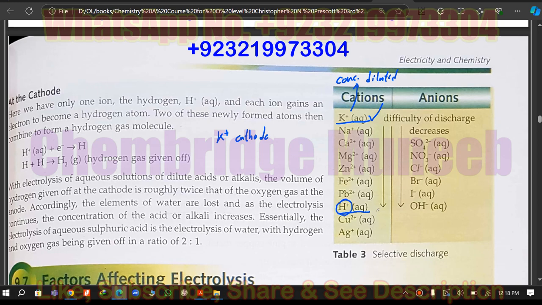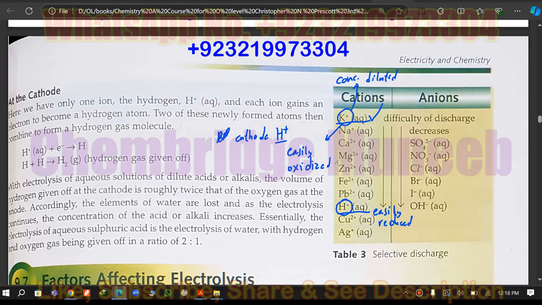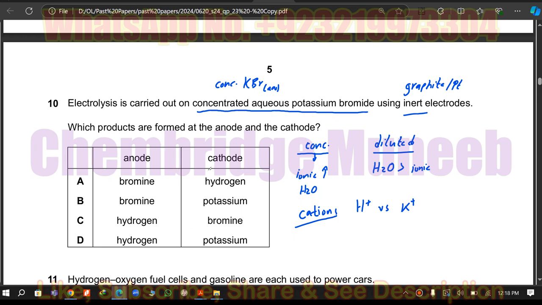It is at a very far position, so it will be easily reduced, whereas the potassium ion will be easily oxidized. So at cathode hydrogen ions will be present, at cathode hydrogen ions will be reduced. So according to this statement, at cathode hydrogen gas will be produced.